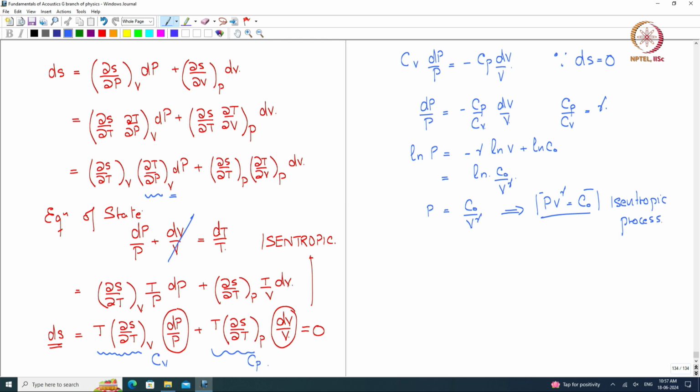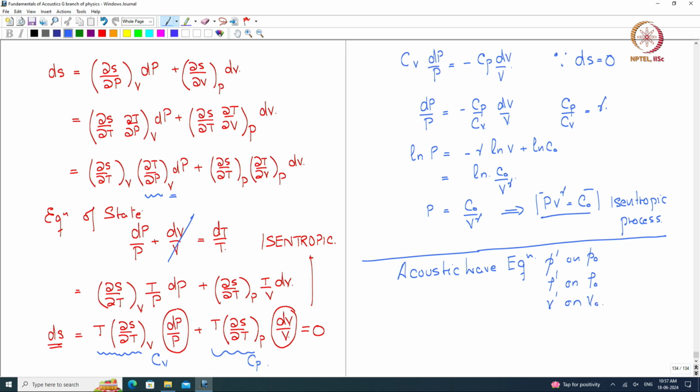Okay. Now we use this to get back to our acoustics. In the acoustic wave equation, we are dealing with the pressure perturbation P dash on P0 and rho dash on rho 0, and therefore volume change V dash on V0. Okay.